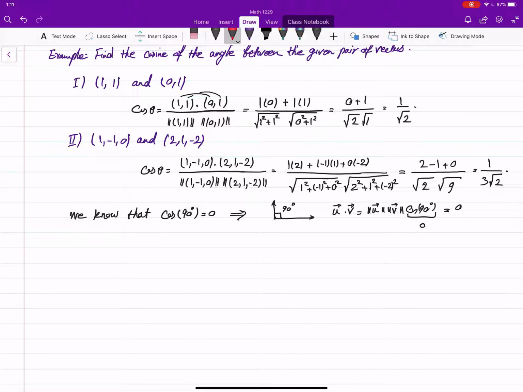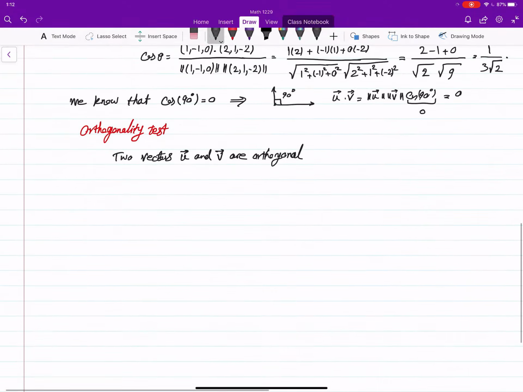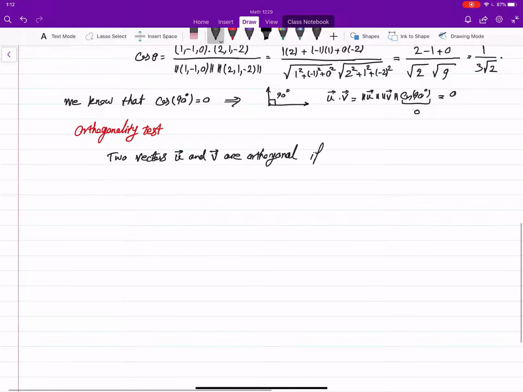That is, I am going to call it the orthogonality test, which says two vectors u and v are orthogonal if and only if their dot product is 0.